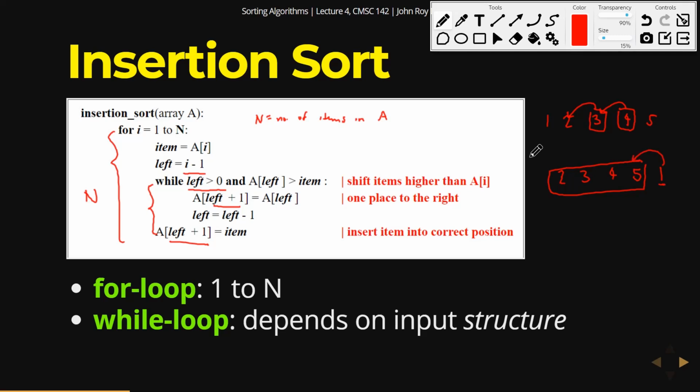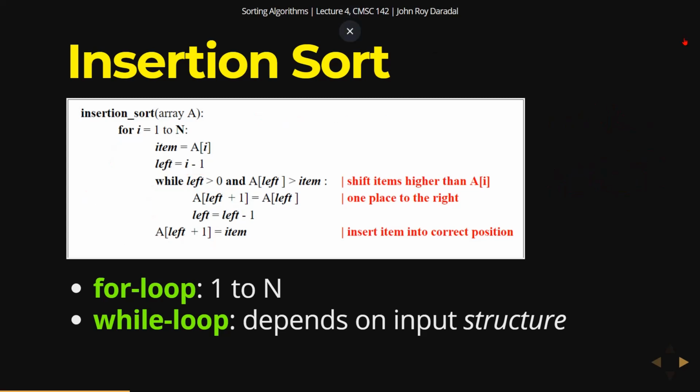It could be here, no, here, no, here. It could go all the way up to the end if it's 1. But what if it was, let's say, another 3? If it's 3, it will only stop until here, right? So we really don't know how many iterations this while loop could go on for. So it depends on the input structure, meaning is it sorted or not sorted or random.